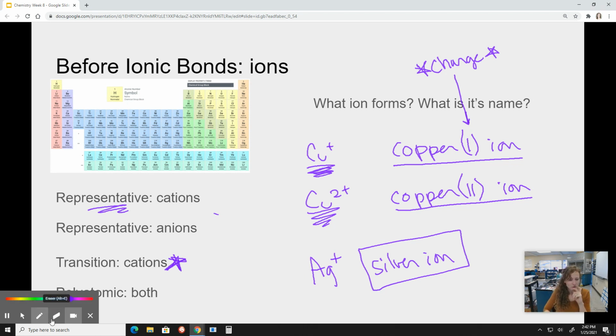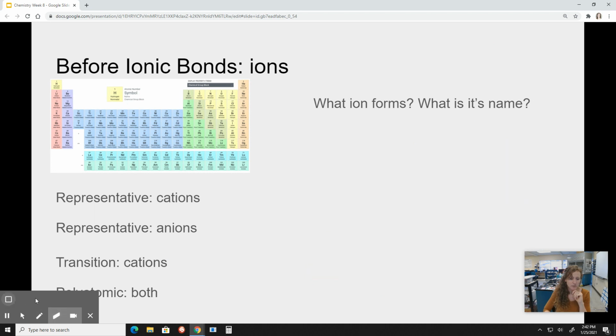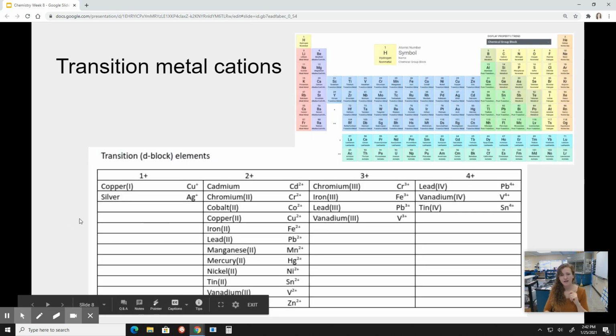So let me show you that chart of the transition metal ions that form. And then after we look at that one, we'll come back to this last category, and we'll talk about polyatomic ions. Okay, so here's our transition or D block elements.